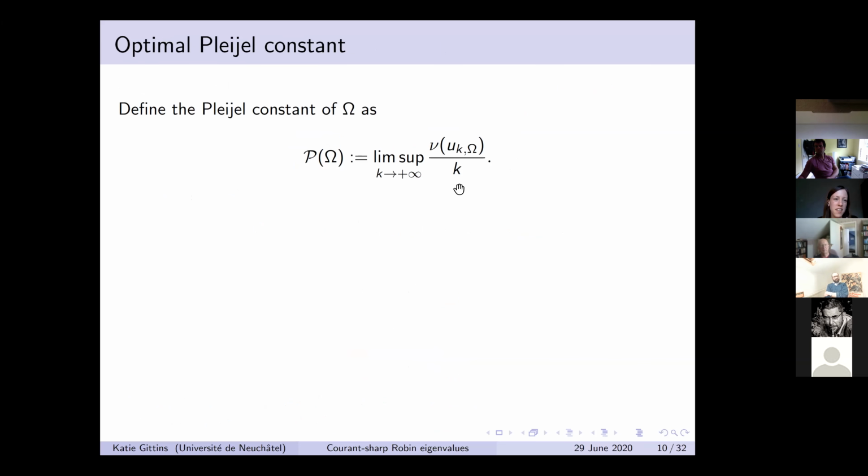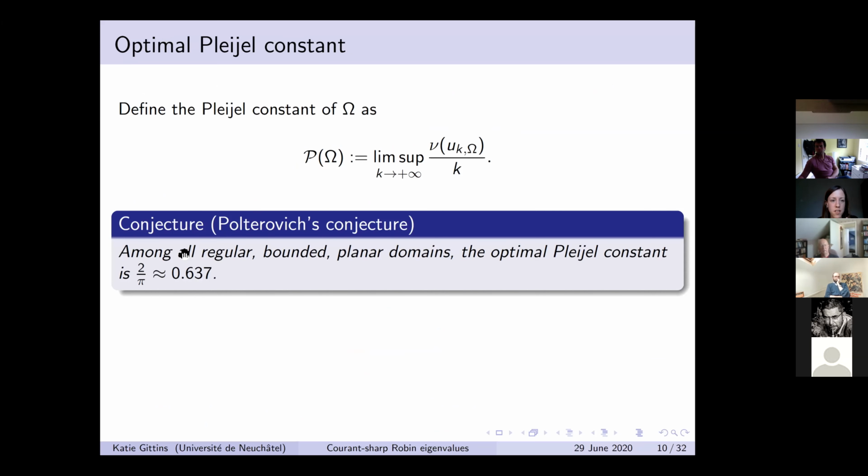So we see already that this gamma won't be the best one, because we replaced every domain by a disk. And the conjecture of Polterovich is that among all regular bounded planar domains, the optimal constant should be 2 over pi. And that one corresponds actually to a rectangle where the ratio of the squares of the sides is irrational.